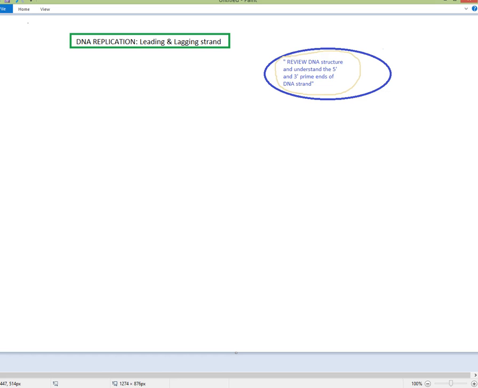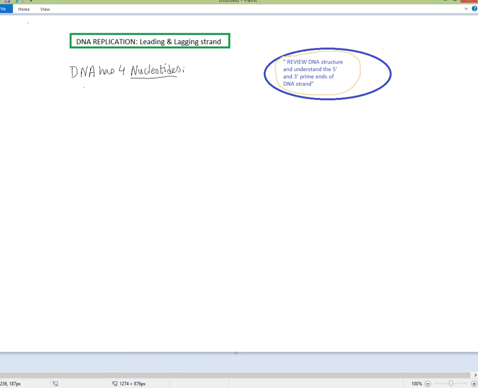So the DNA has four nucleotides, and this nucleotide is further divided, or it has subunits.